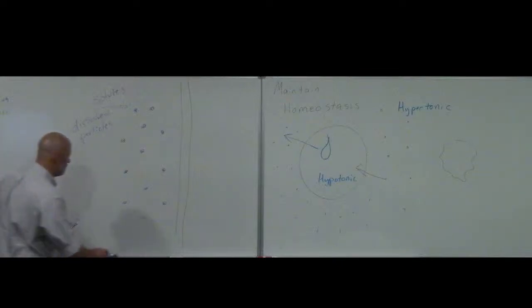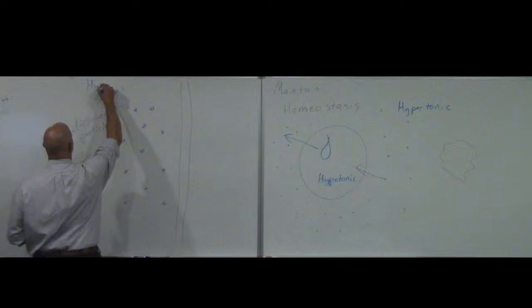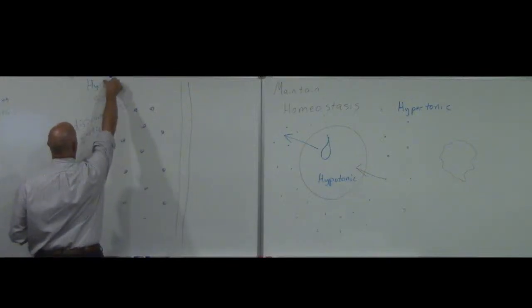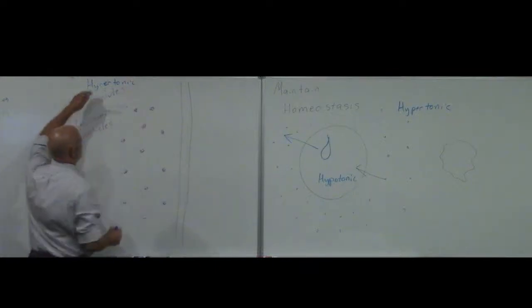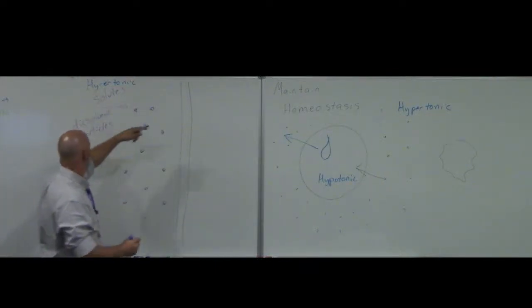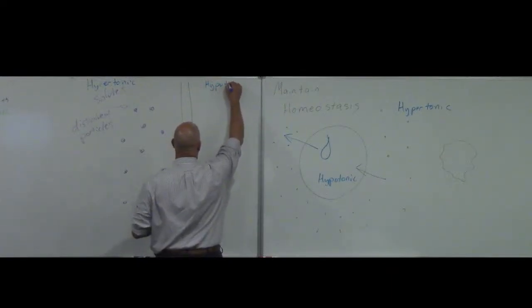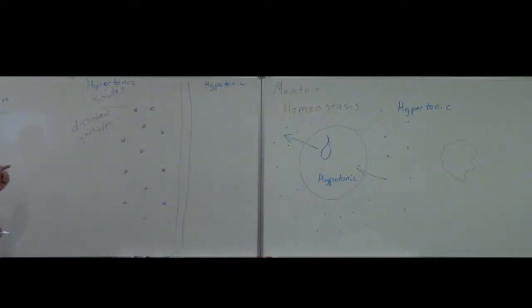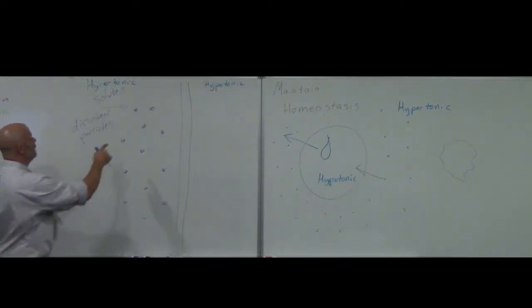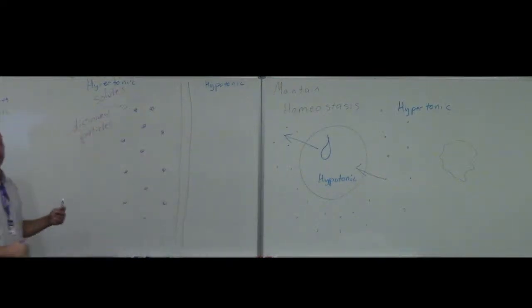In my hypertonic environment over here, I've got more solutes. Over here in my hypotonic environment, I have fewer solutes. If they can, then those solutes will move across my membrane until the two sides are in equal concentration.